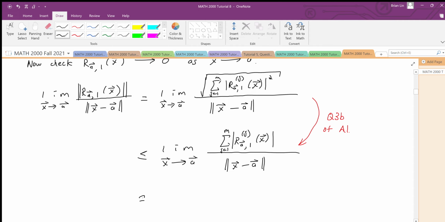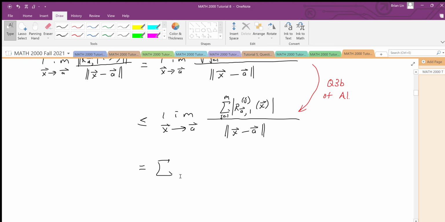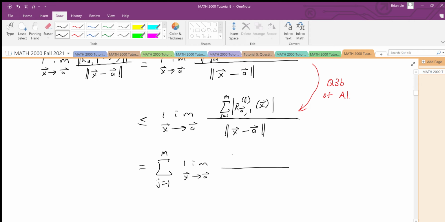Okay, so then this is a limit, so you just play around with the limit. But we already know from before, by Taylor's theorem, this is going to 0.